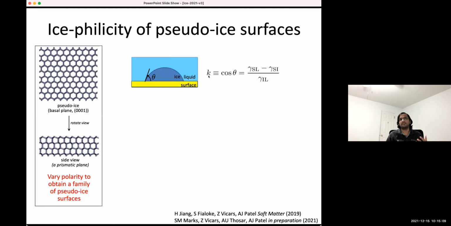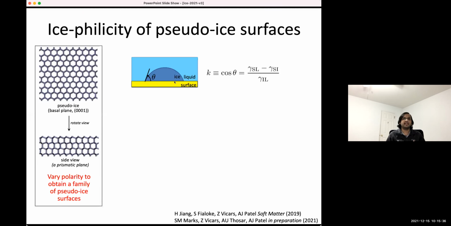So we've adapted this method to now thinking about ice philicity. What is the preference of the surface for ice over liquid water? And I'm going to characterize that using the wetting coefficient, which is essentially cosine theta, or the difference between the solid-ice interfacial tension and the solid-liquid interfacial tension, relative to the ice-water surface tension.